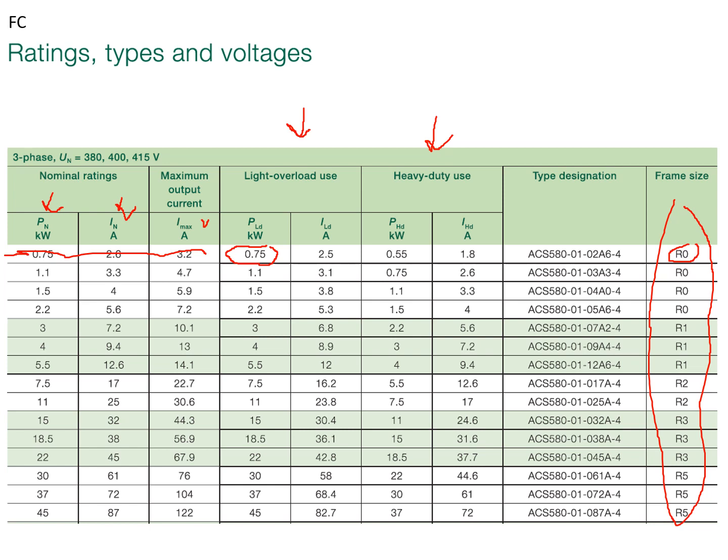But if we have heavy duty use, something like elevator or winch or a conveyor, then we should account for only a 0.55 kilowatt motor. So you see, we are able to run a smaller motor with the same frequency converter.